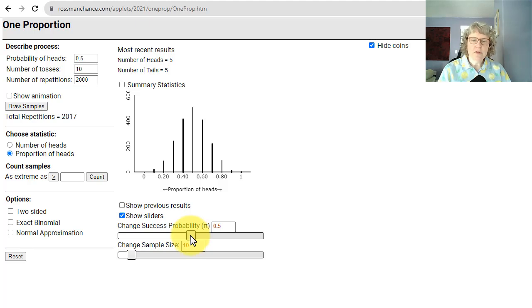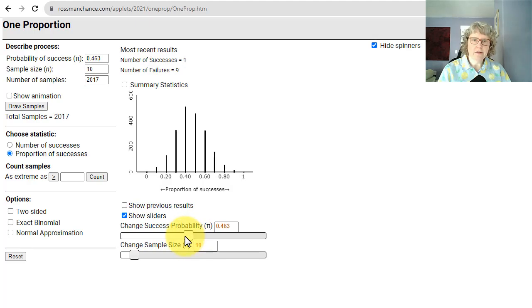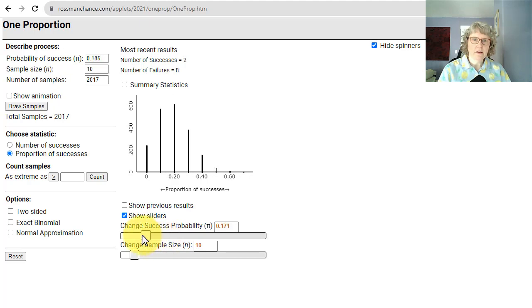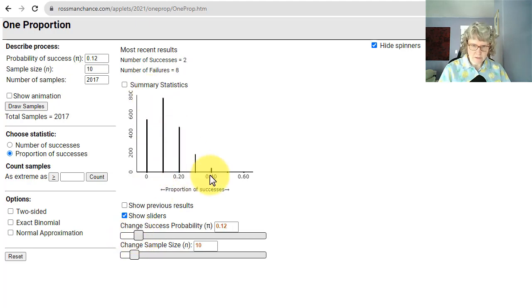So move the lower slider to the left. As I do that, and as you try it too, what's happening to the shape? More of the probability is going down the scale, but it's also changing the shape. This is skewed to the right. Very, very skewed. And the further it goes down, the more skewed it is, right?